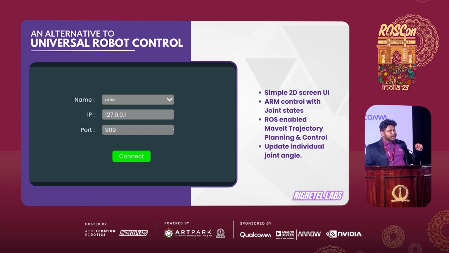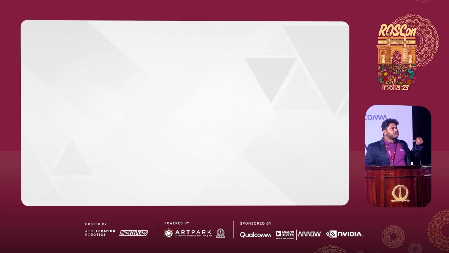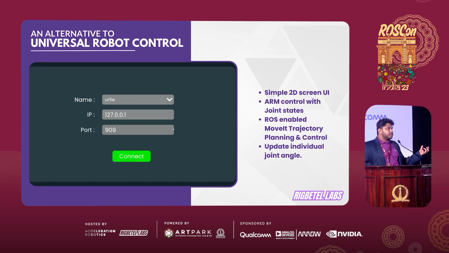After that, what you see over here is basically a URSIM replica. So URSIM is basically a software given for the universal robots to be able to, if you want to use universal robot, it may be UR5, UR10, it can be anything. So if you connect to that specific robot, you'll be able to control that robot through URSIM.